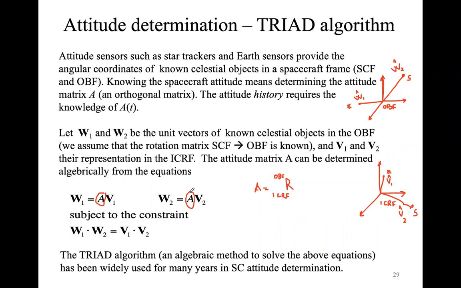What can create a problem? If the versors W1 and W2 are wrong or have errors, of course, these two matrices will not be exactly the same. But also, the knowledge of the bodies that we are looking at in the ICRF can be affected by an error. So we have to be careful about that. And that will be dealt with, for example, by the Wahba problem.